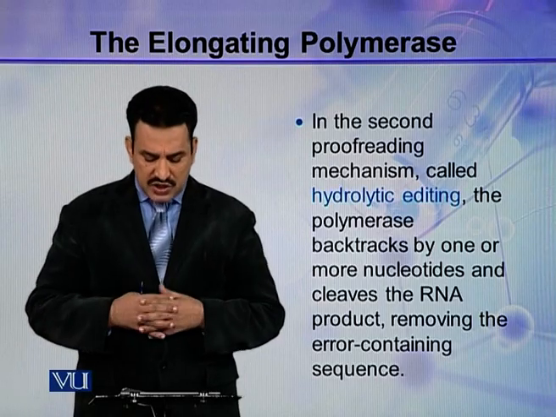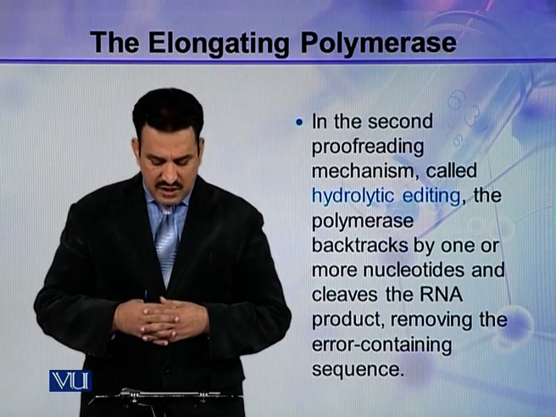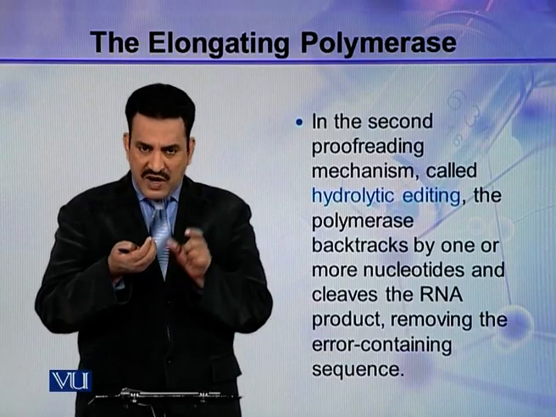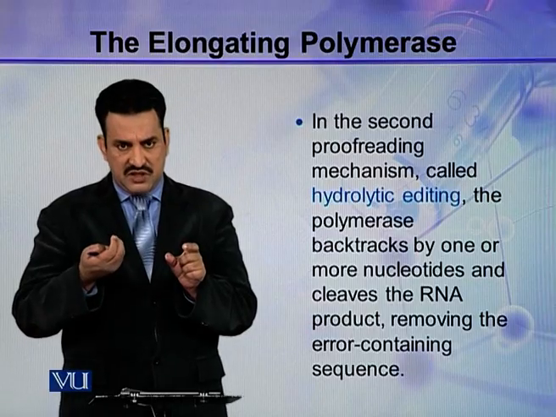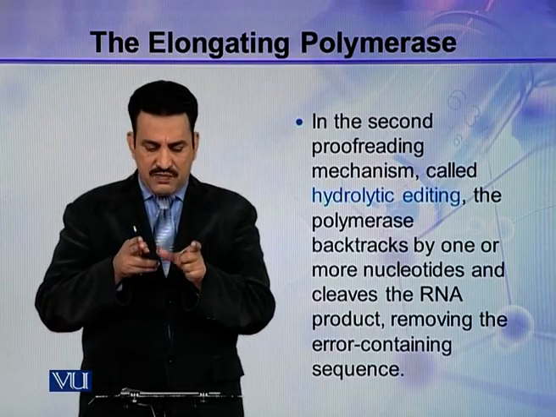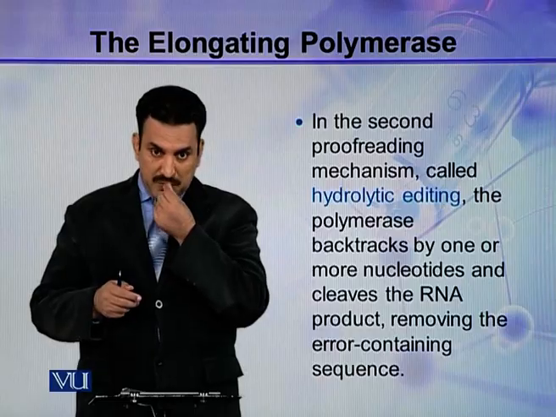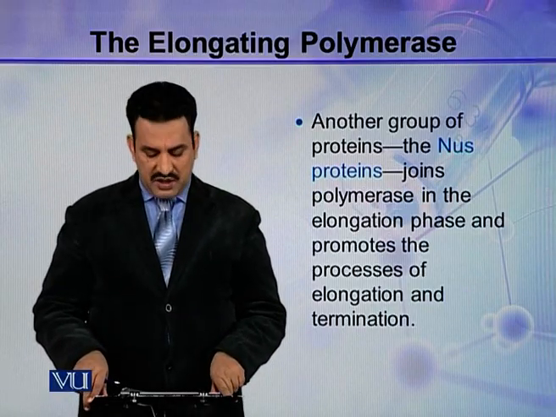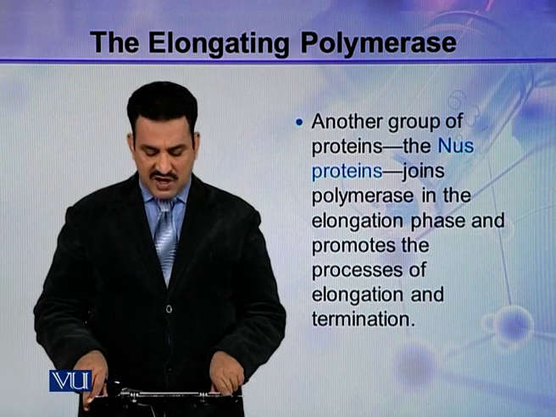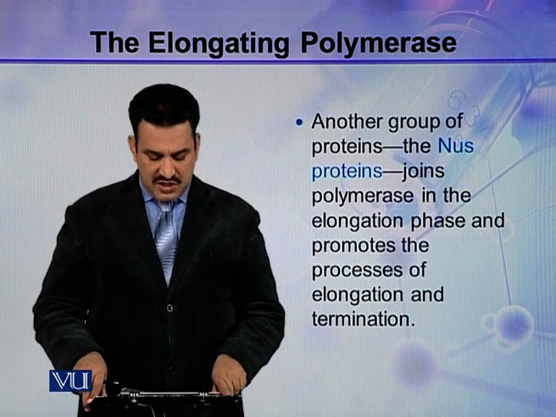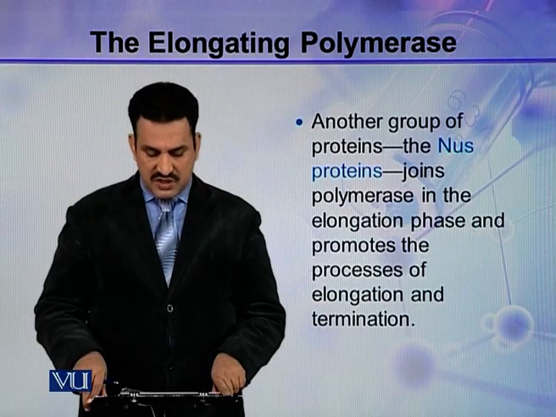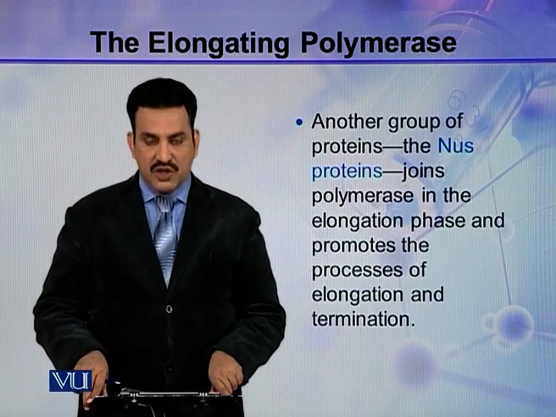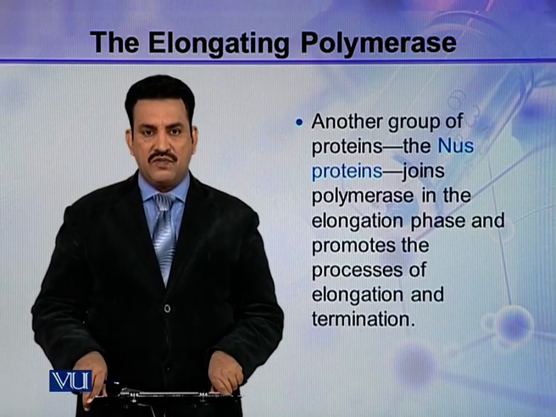So in this mechanism, the RNA polymerase backtracks not only one base but a few bases, and then it cuts that product and removes the misincorporated sequence. Another group of proteins, which is called the NUS proteins, join polymerase in the elongation phase and promote the process of elongation and termination of transcription.